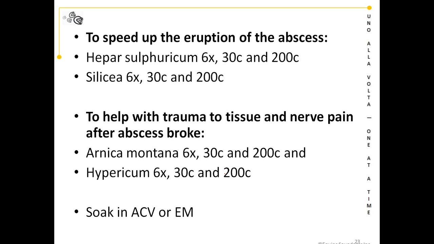Well, the first thing I do when I expect an abscess to happen is I give the horse 1 dose of hepa-sulfur or hepa-sulfuricum, same thing, in a dilution of 6x, 30C and 200C. If you mix something together like this, we name this a homochord, and that kind of covers all possibilities.